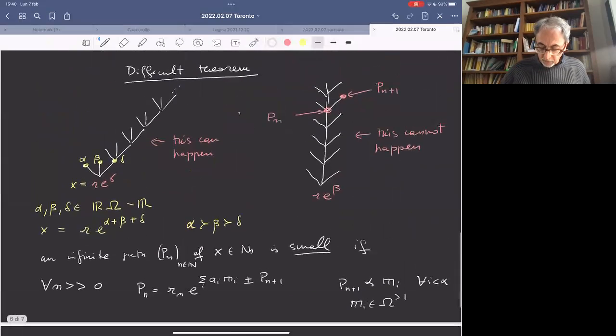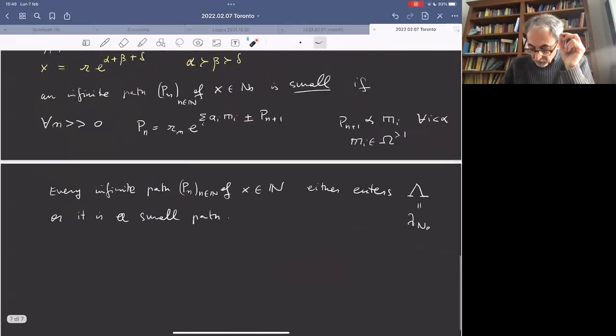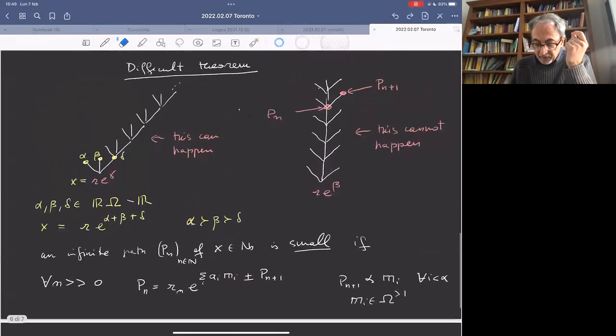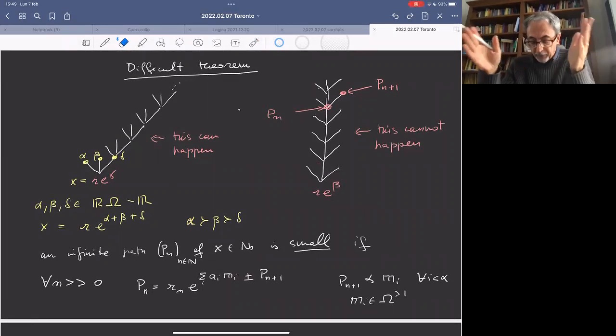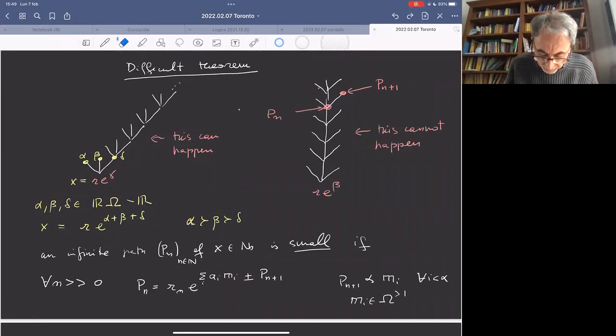So in other words, why this picture? If it enters a log-atomic number, then it stops bifurcating. So the only possibility for an infinite bifurcation, let's consider this picture again.